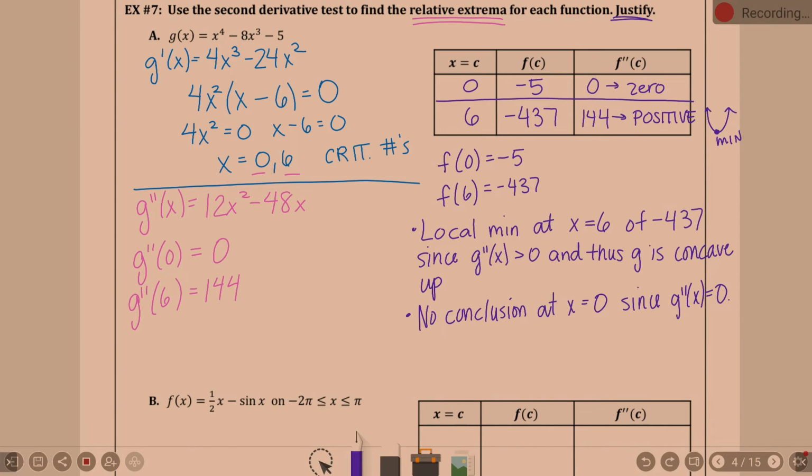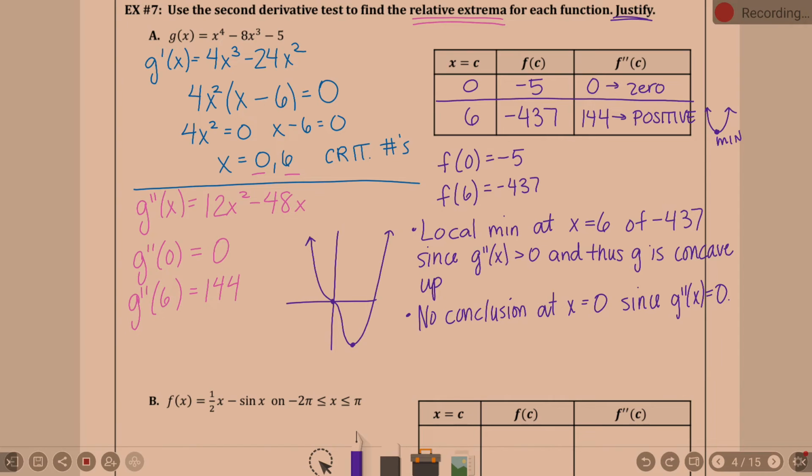Oh, okay. So now, for reference, what does this graph look like? It looks something like that. Does that make sense then with what we figured out? Because what is this? Here is your minimum, right? At x equals 6. And at 0, what are you seeing?